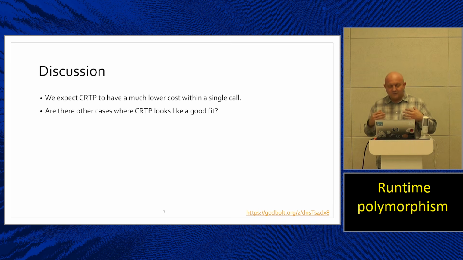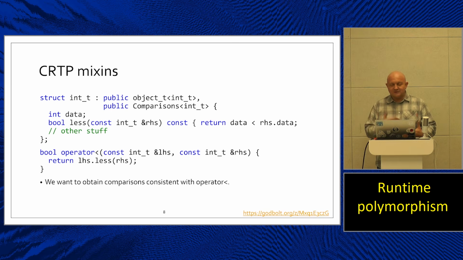Now, where else does CRTP shine? One obvious area is when you want to inject reusable behavior into a class without paying for virtual dispatch. This area is mixins, and CRTP is extremely powerful at mixins.